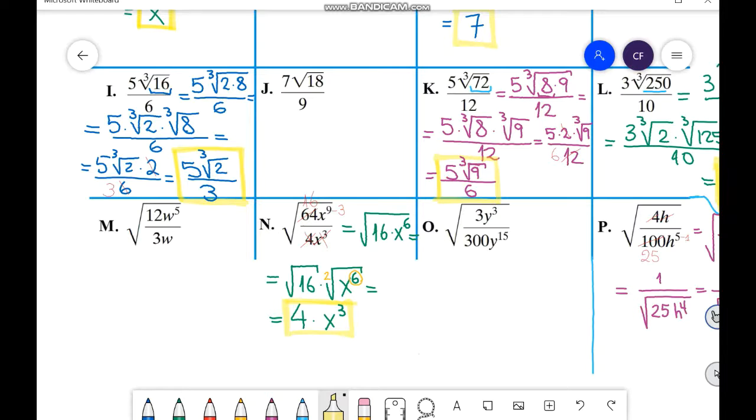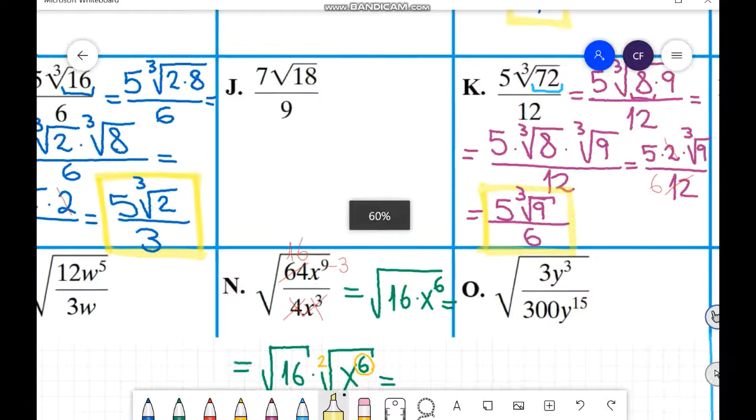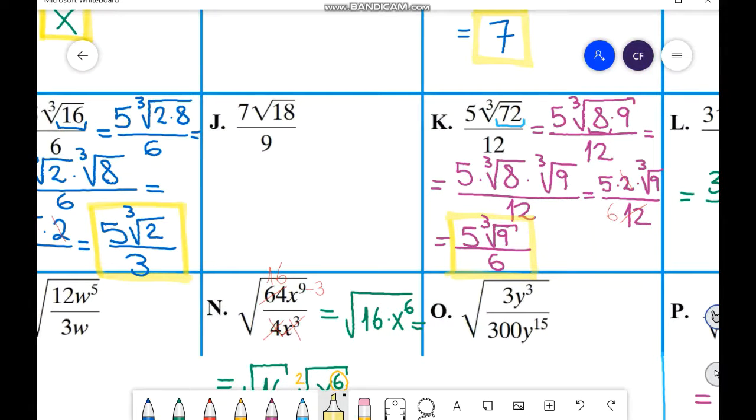For letter J, well, you have to break down this square root of 18, and we repeat here 7 times 18. We have to break down 18 into two numbers. One is going to be a perfect square, so we can simplify it.